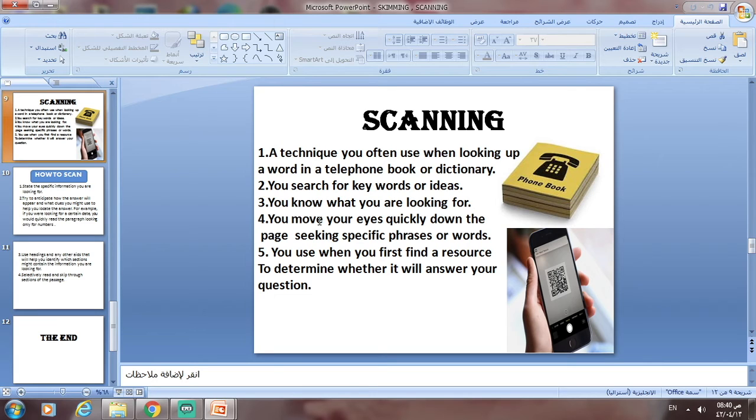While you are doing this, you are seeking specific phrases or words, and you use this when you first find a resource to determine whether it will answer your question.